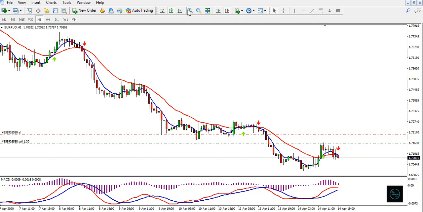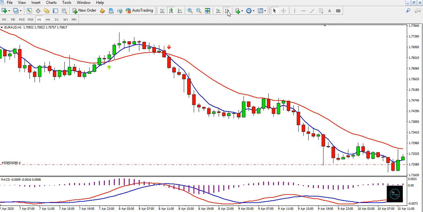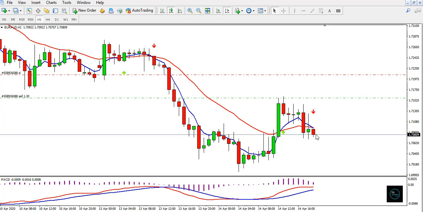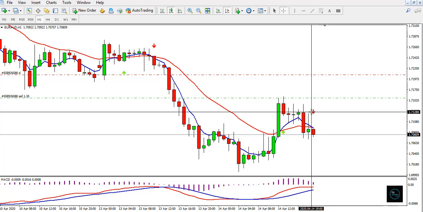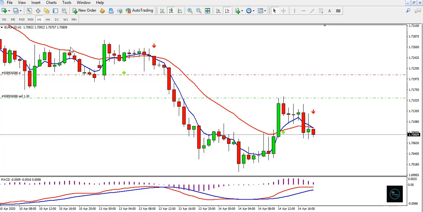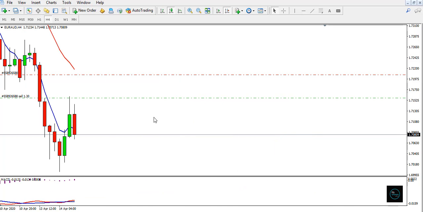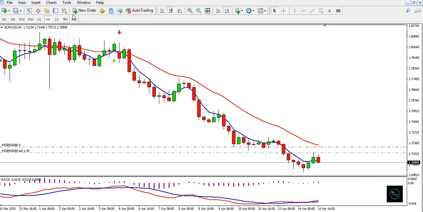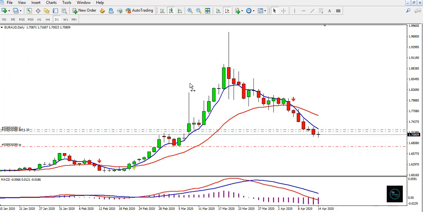If you get into this trade now, your stop loss is going to be very short, somewhere here. Your stop loss will be about 45 pips, and your payoff will be much higher.